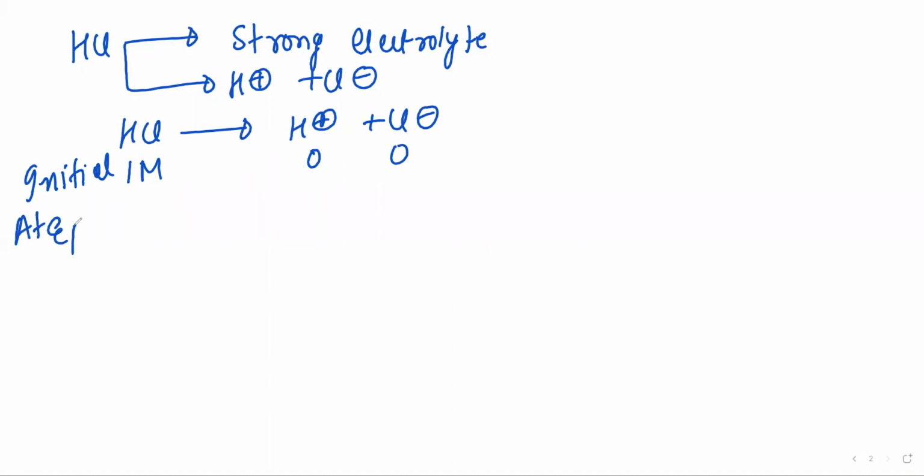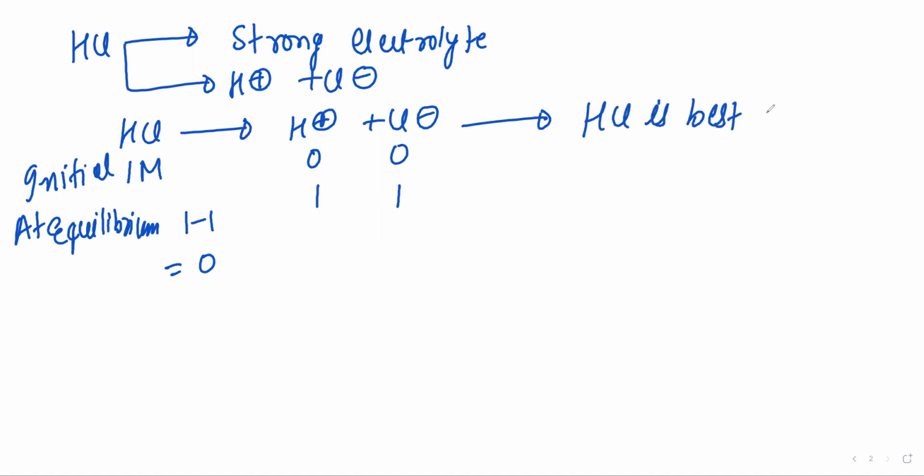At equilibrium, its concentration will be 1 minus 1, so it will become 0 and the H plus and Cl minus concentration is increased. So HCl is the best conductor of electricity.